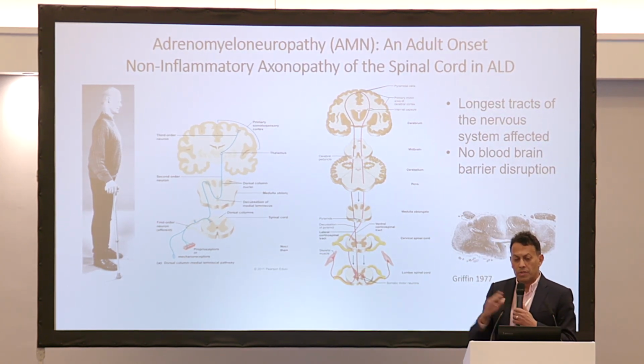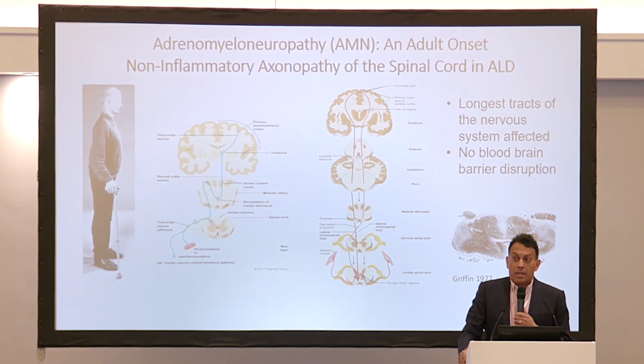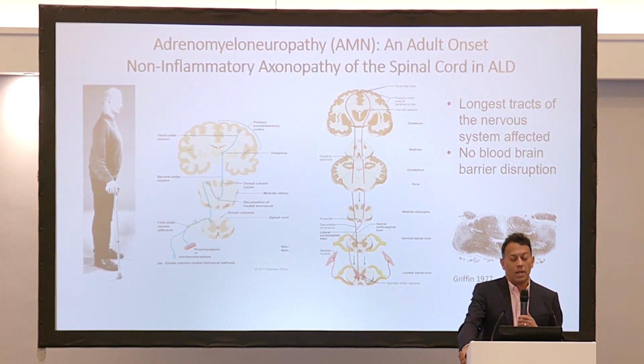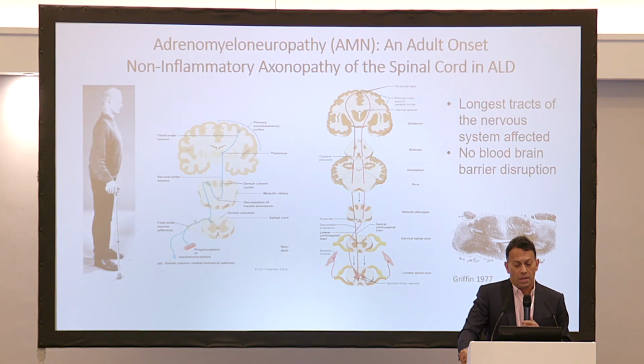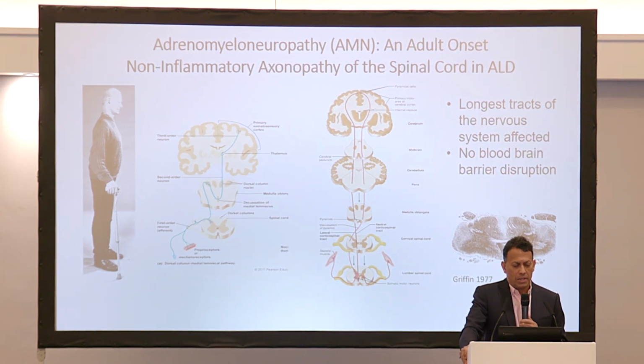Both of these tracts are affected in AMN. These being the longest tracts of the nervous system, it has always been a challenge in the field to remedy these tracts and enable good transduction of information up to the brain or from the brain down into the periphery.